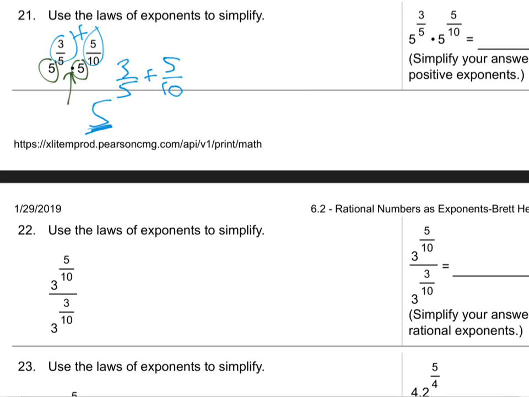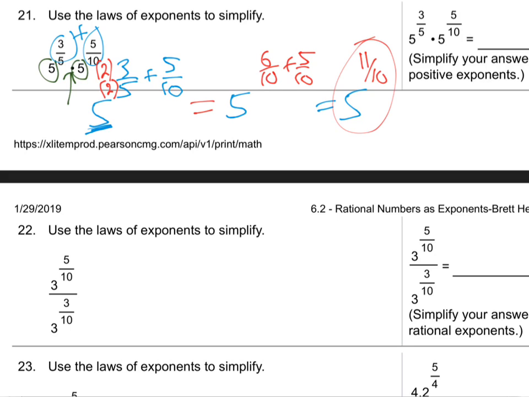So two same bases times, you just keep that one base, add the powers, and then to add that, multiply top and bottom by 2 there, right? Remember that? So that'll be 5 to the power of 6/10 plus 5/10, which is 5 to the power 11/10.